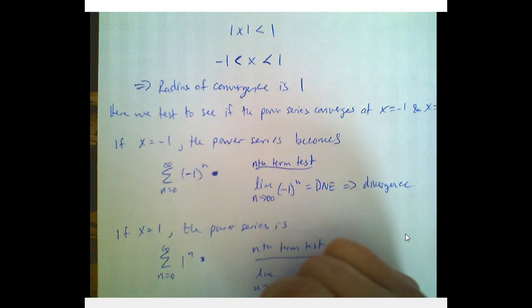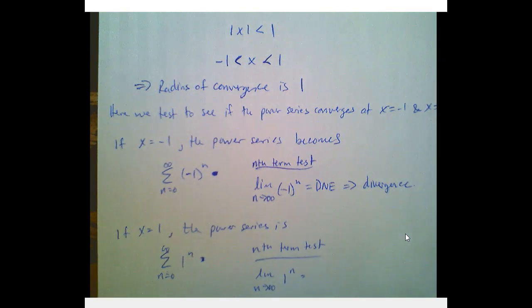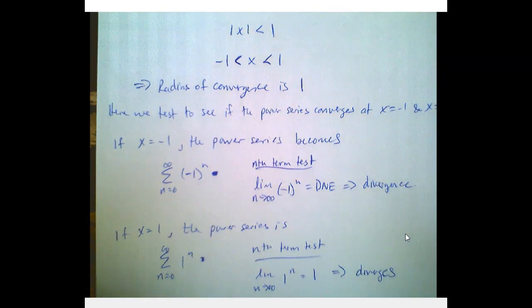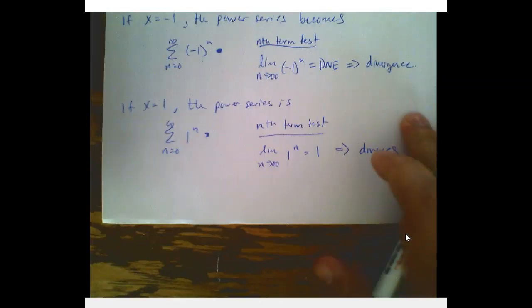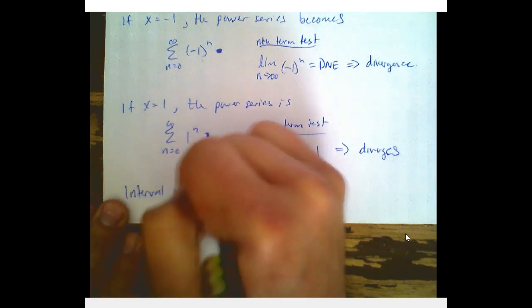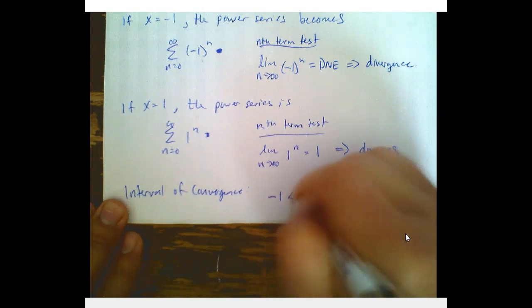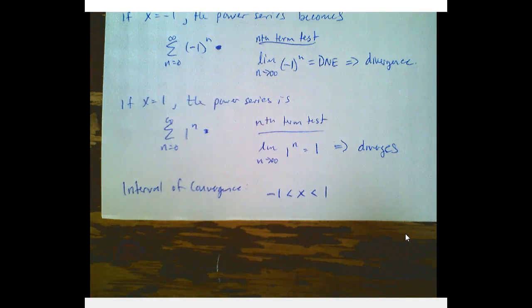The limit as n goes to infinity of 1^n is equal to 1. It diverges as well. So our interval of convergence is for when x is in between -1 and 1, and our radius of convergence, of course, is 1.